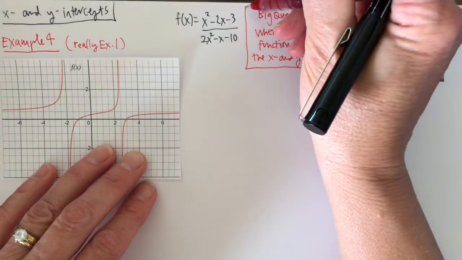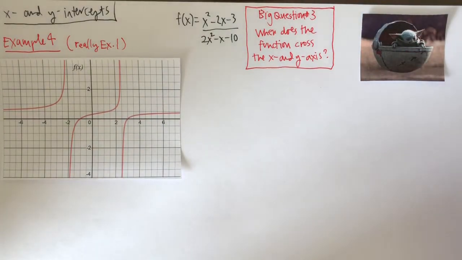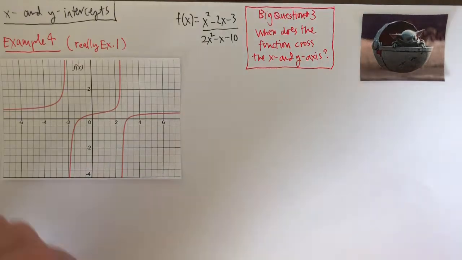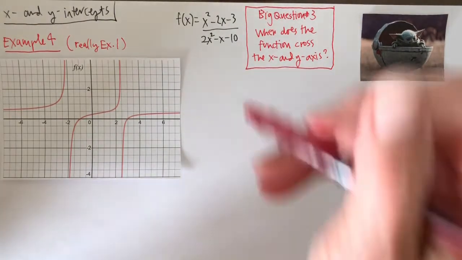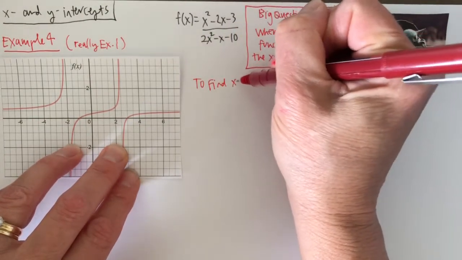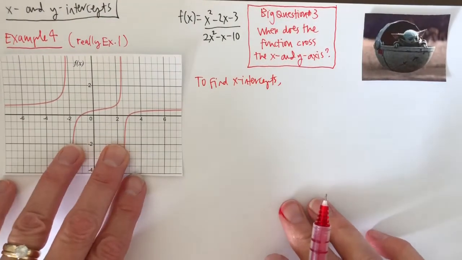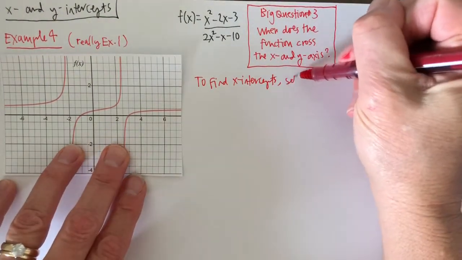That's a question in a lot of applications. It's an important question to ask because it often is dealing with quantities at the beginning of your experiment or at the beginning of your observation, or when does a quantity equal 0? Those are important questions to ask in a lot of settings. Okay, to find x-intercepts, we set y equal to 0.